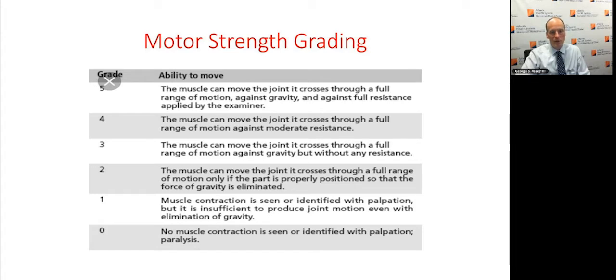A 2 out of 5 is full range of motion once you take away gravity. The classic example is a patient who can lift up their arm over their head. That's a 3 if they can barely get it over their head and extend all the way. If you have to wait until you get into a horizontal plane and they can just straighten out their arm and lock it out, that's a 2. A 1 is just any muscle contraction, and a 0 is no muscle contraction whatsoever.